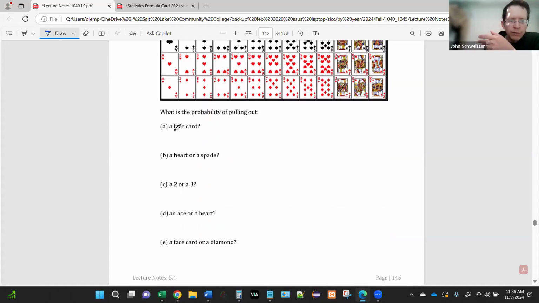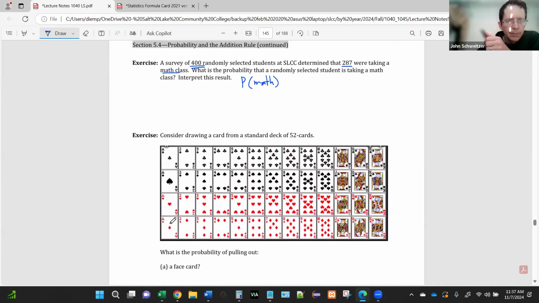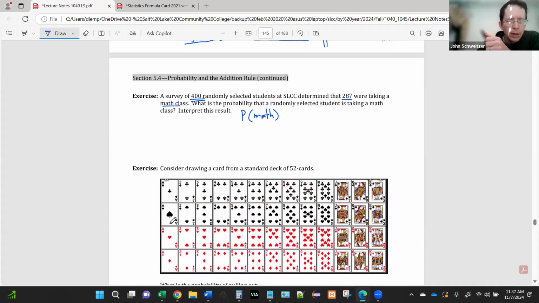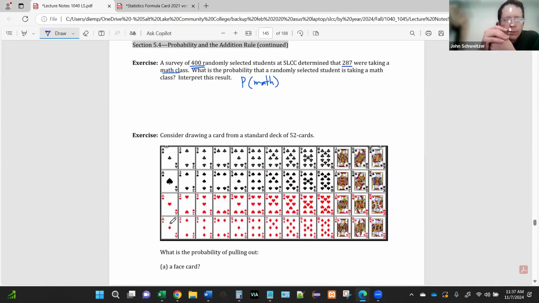Find the probability of getting a face card. Find the probability of heart or spade. You can use the formulas or you can count. It just depends on how you like to do those. I'll let you try these. I'll just go quiet for a second and let you guys work on some of these.